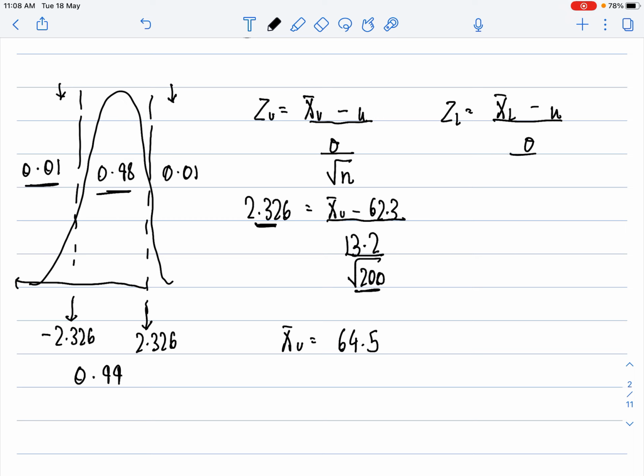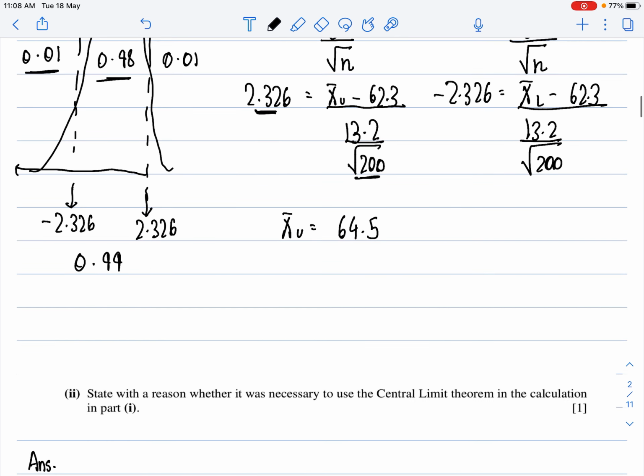Now for the lower limit, the formula is simply z lower equals x low minus the mean over the standard deviation over root n. So my z low is minus 2.326, equal to x low minus the mean, which is 62.3, over 13.2 over root 200. So I can simply do minus 2.326 multiplied by 13.2 over root 200.